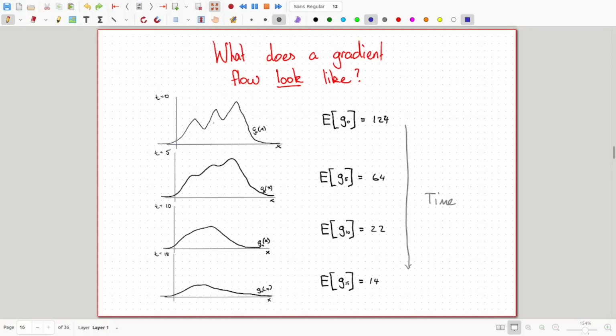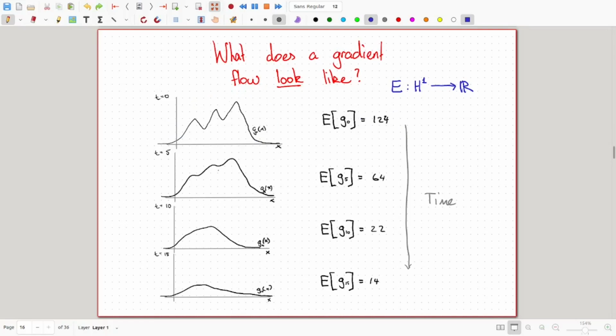Let's say we have some map E from our function space to the real numbers. I plug in a function and it gives me out a real number. If I plug in this function, I get the number 124.